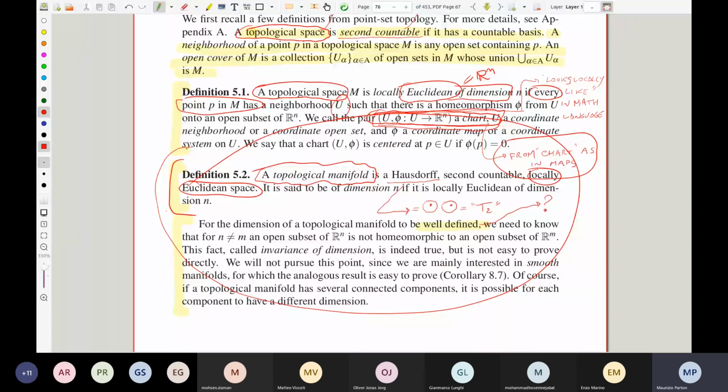Well, for certain spaces, this is not possible. I can tell you one. Take the segment, take this point, remove it, and put 2 points. And now declare that open sets are, of course, all open sets on the rest.